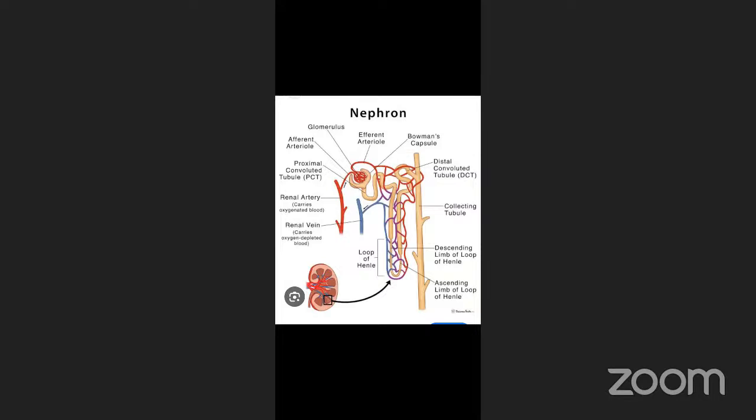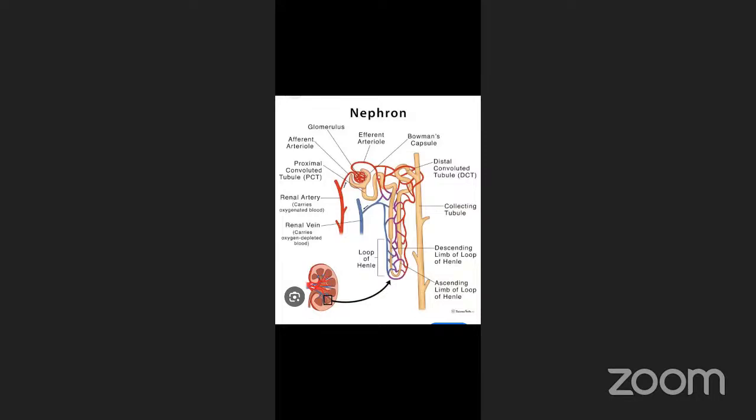The capillaries form what is referred to as the glomerulus. The glomerulus is very tiny, tinier compared to the afferent arteriole. Then later on, they coalesce to form the efferent arteriole. This efferent arteriole is the one that ramifies the whole of the nephron, as you can see from that diagram.